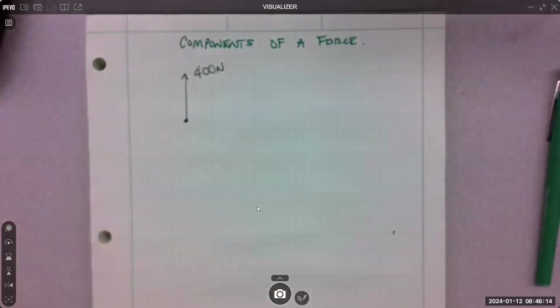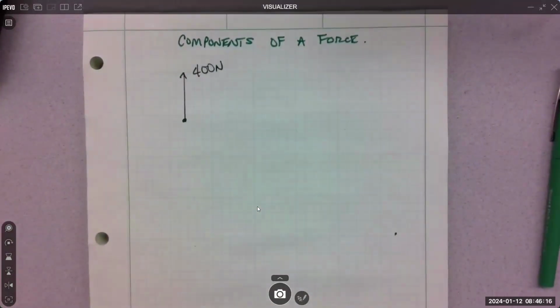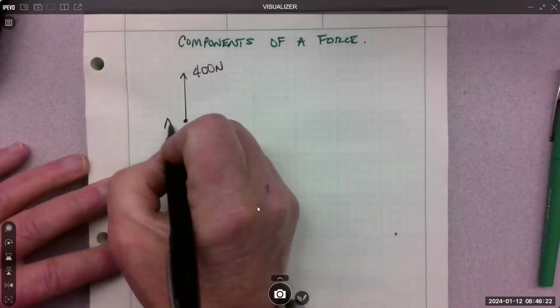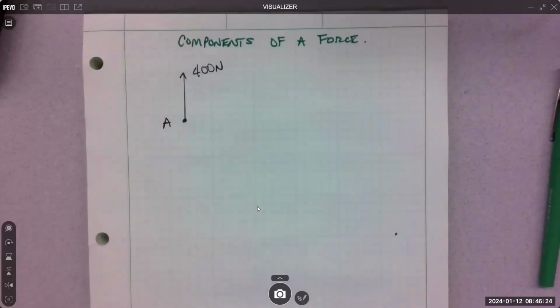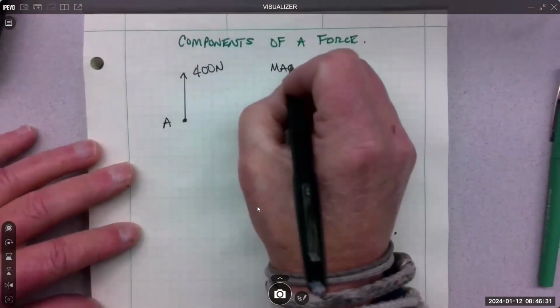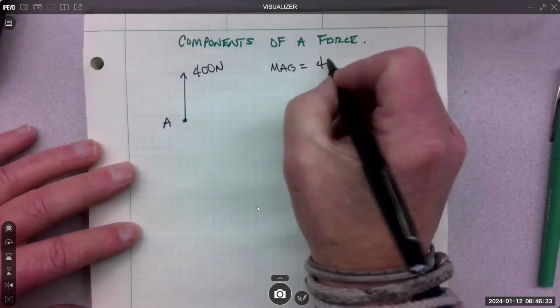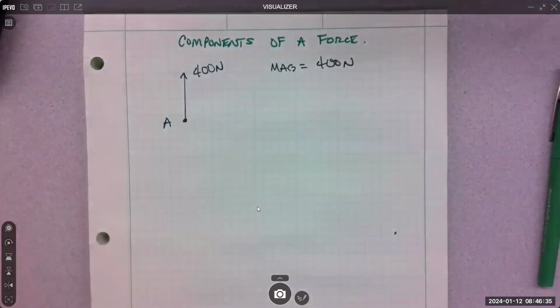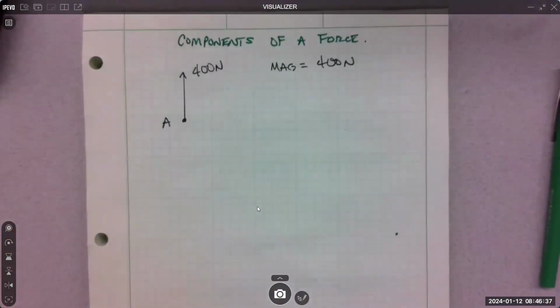We got 400 newtons going straight up. So what are the four characteristics of this vector? Magnitude is what? 400 newtons, that's the length of the vector.